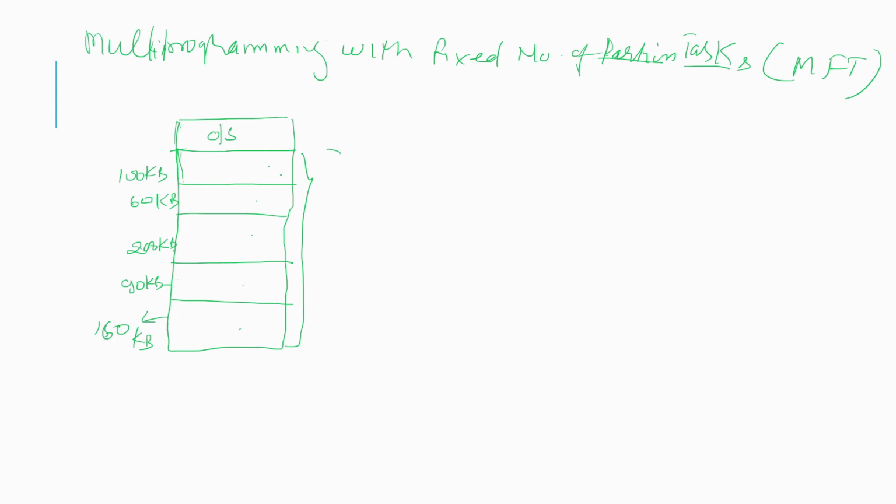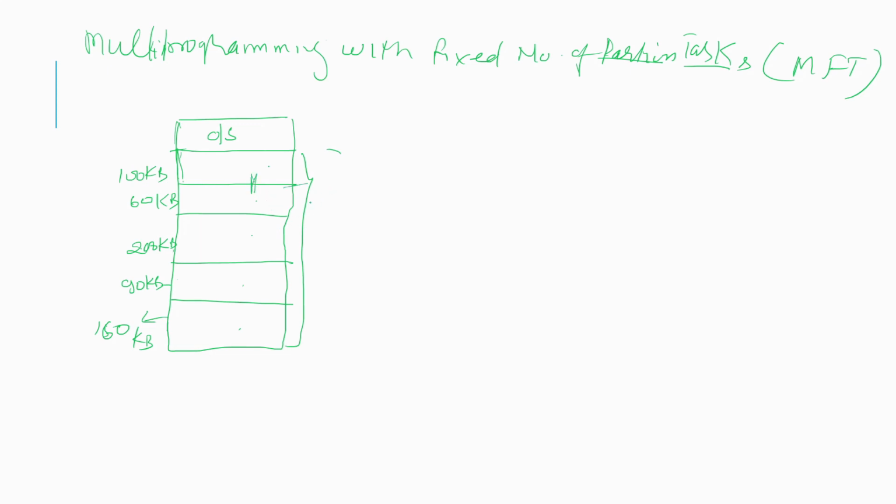Now the question comes: how do we protect the area of one process from another? If one process crosses the area of others, the program will be interrupted and has to terminate. Nobody should cross the area of another.